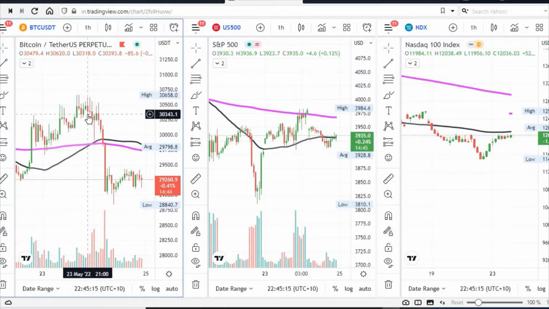Yesterday also it played out. It faced a stiff resistance around this zone, and see the fall? The fall is drastic, right? So Bitcoin in yesterday's case underperformed its counterparts S&P 500 and NASDAQ.